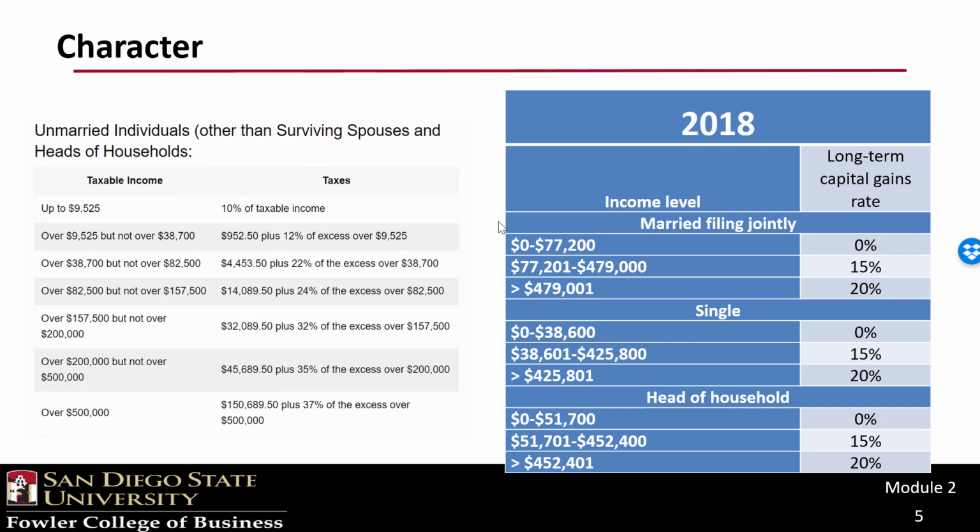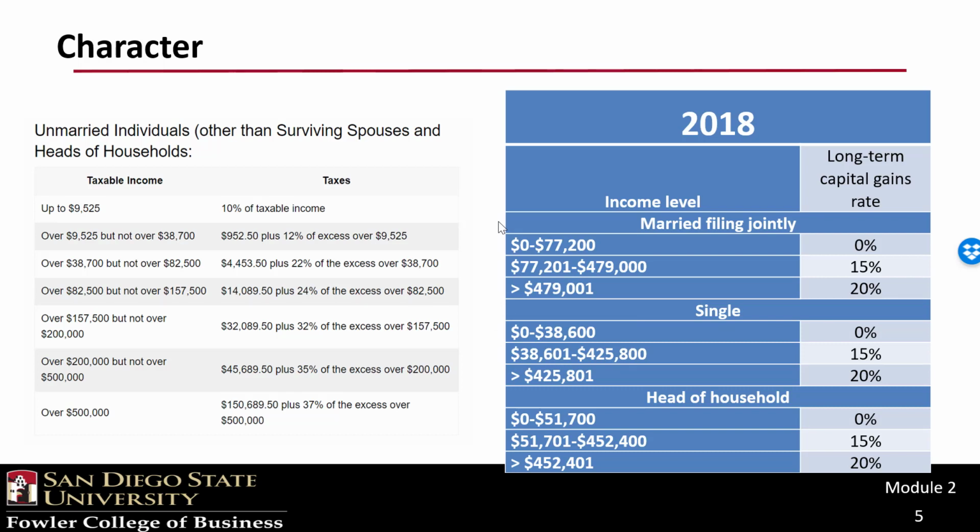So, for example, I've pulled out the 2018 single tables, and if you look at single, the 22% bracket starts at 38.7. But for a single person, the long-term gain qualified dividend rate starts at 38.6. You would see a similar difference in married filing jointly and also head of household.